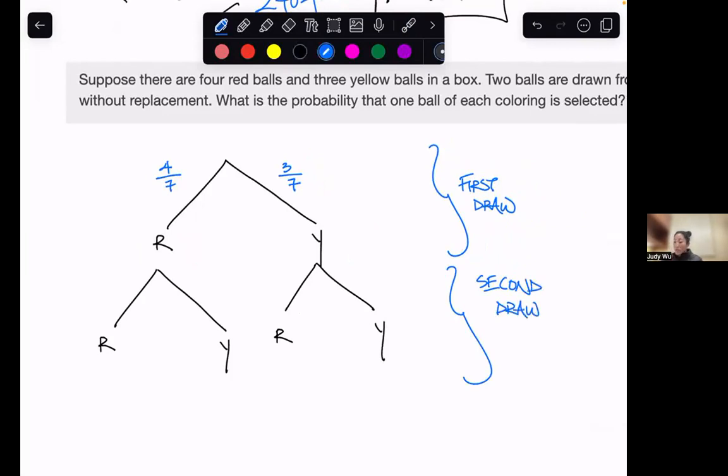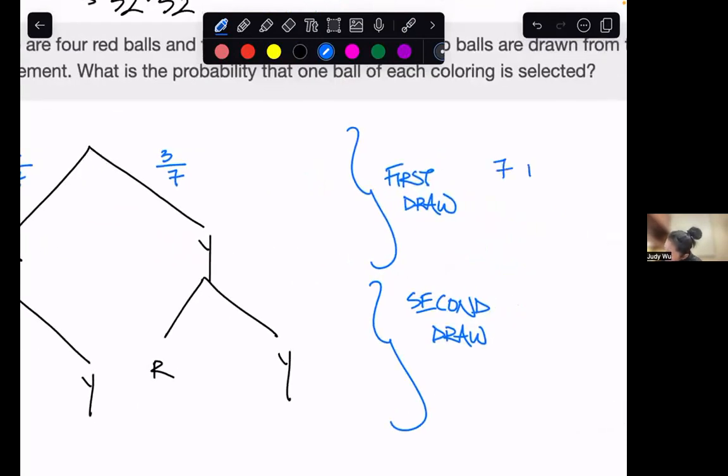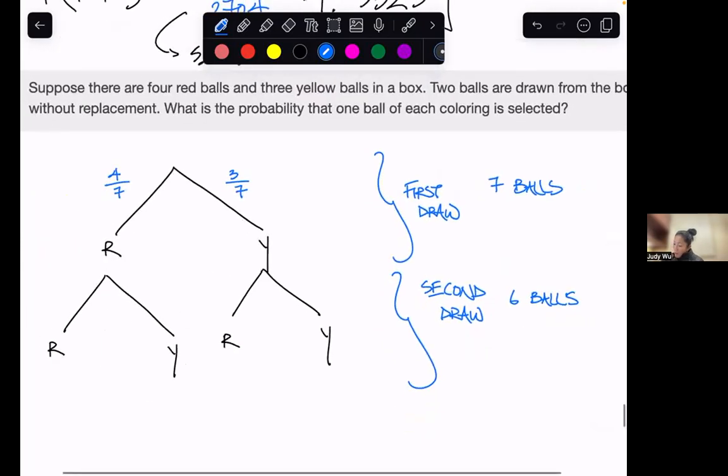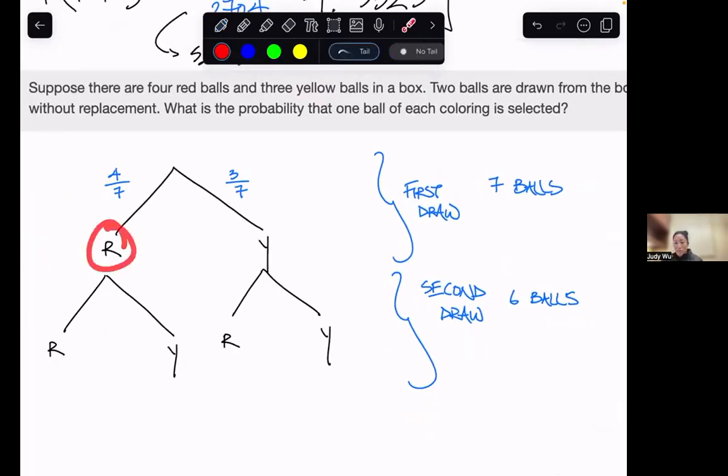Now keep in mind that in the first draw, we had 7 balls in the box, but in the second draw, we pulled out one and we didn't put it back. So now there are 6 balls left in the box. So if I've already picked a red one, that means there's not 4 red ones, but only 3 red ones.